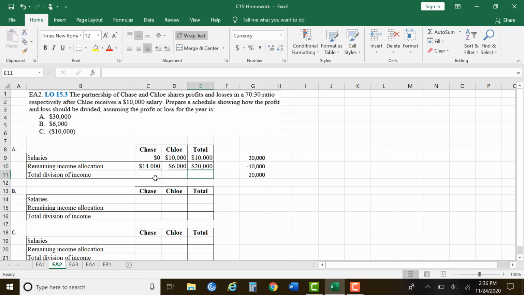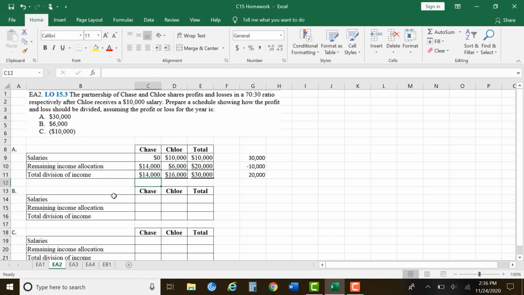So the total division of the income: Chase got 14,000, Chloe got 10,000 in salary and 6,000 in the remaining allocation, so she got 16,000, and the total division of income was the 30,000 that they made.